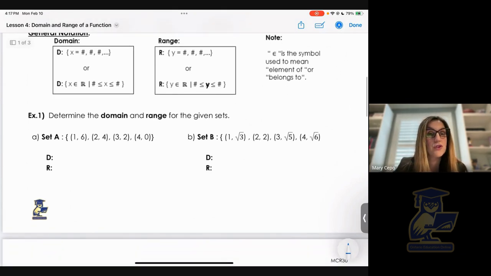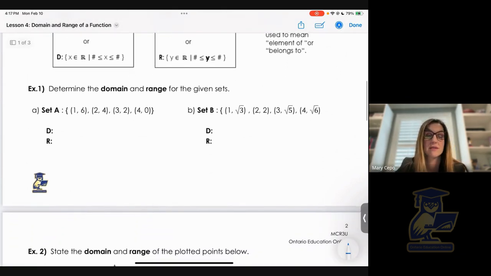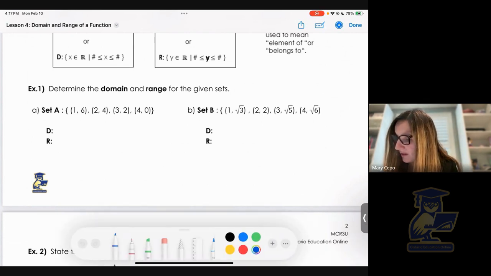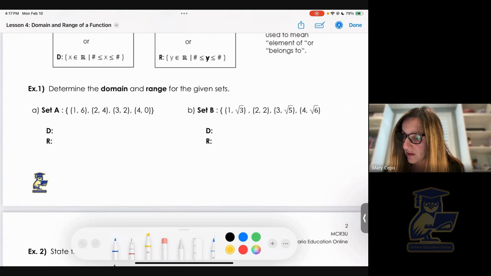We have: determine the domain or range for the given sets. So set A we have given. Domain represents all the possible values for x. So I'm going to just highlight that so we remind ourselves alphabetically x comes first. I'm going to highlight all my x values in yellow.